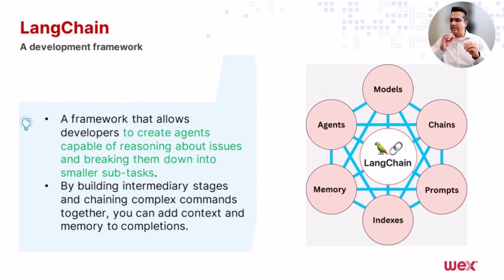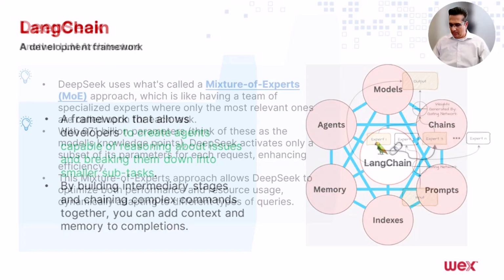And then once it breaks down those smaller tasks, it allows you to chain those tasks or agents to solve complex problems together. That's what LangChain is. It's a development framework for you to separate out a large task into smaller tasks and chain those appropriately so you can generate smaller agents to perform different tasks and generate a specific output that you desire.